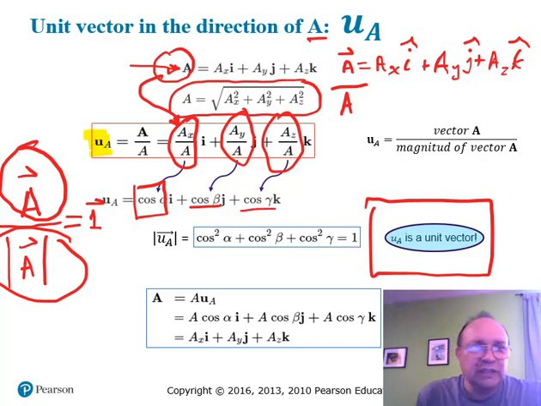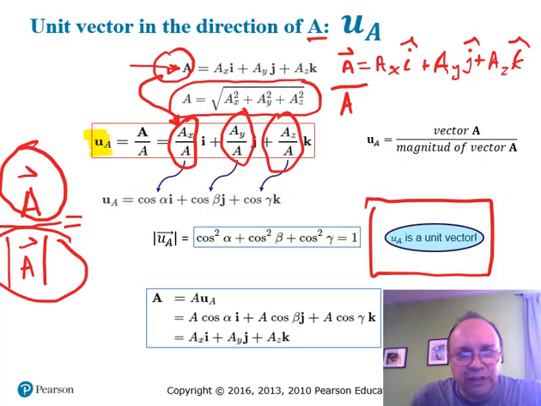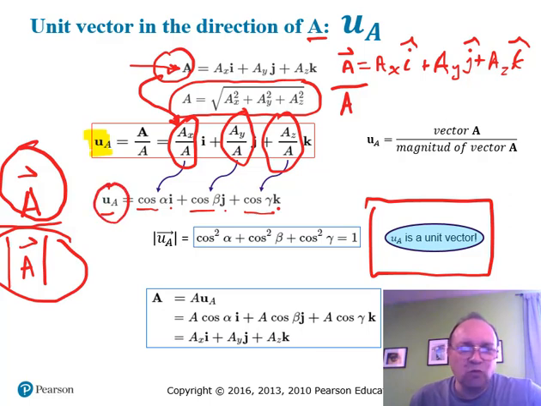So this is another way to express the unit vector in the direction of A. It can be expressed as cosine alpha i plus cosine beta j plus cosine gamma k. And this vector has a magnitude of 1.